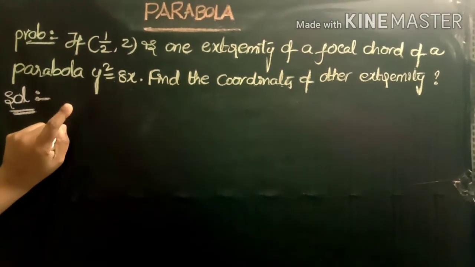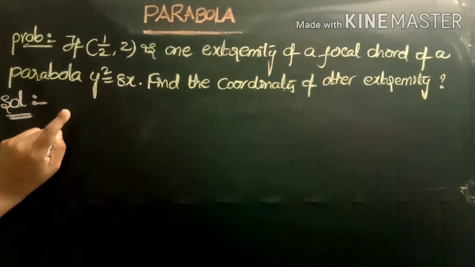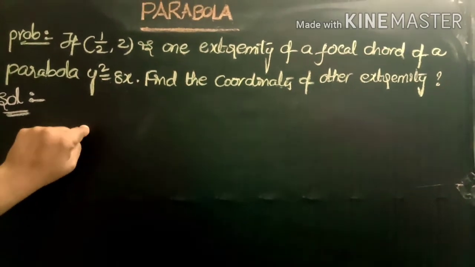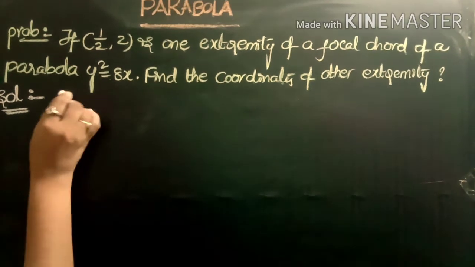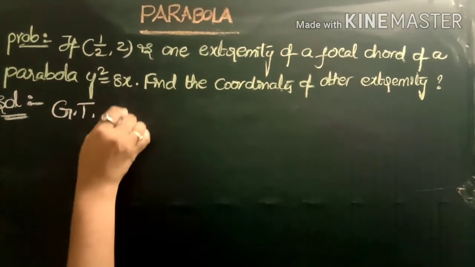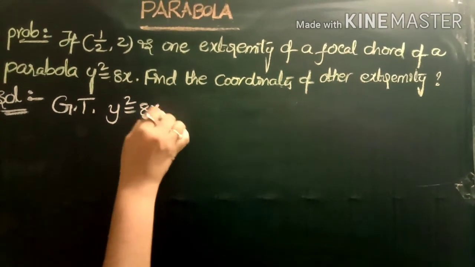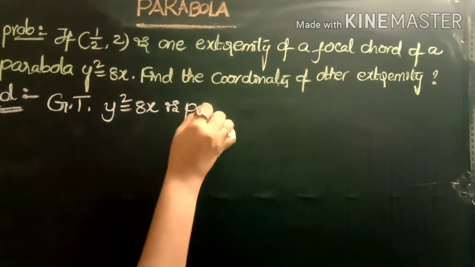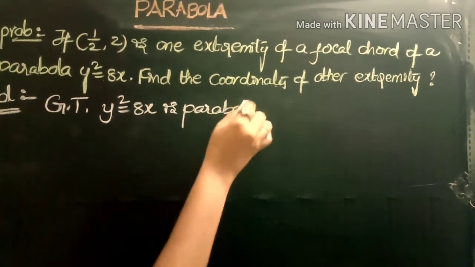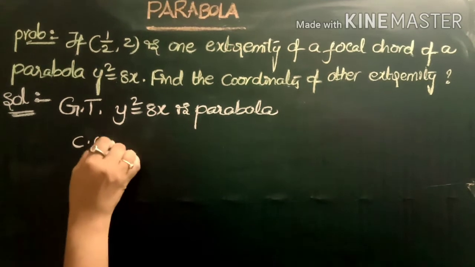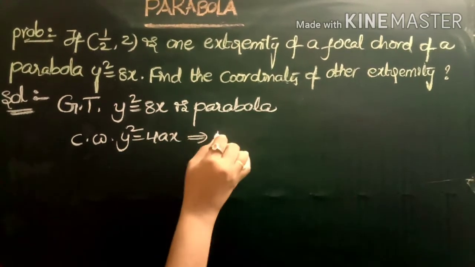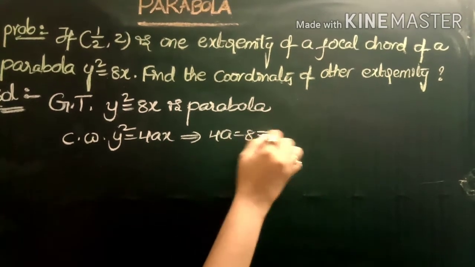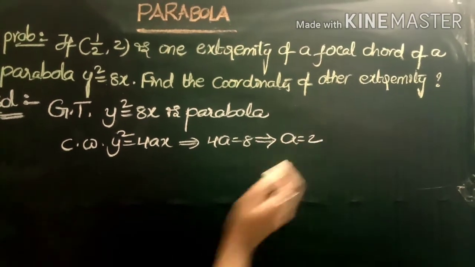If (1/2, 2) is one extremity of a focal chord of the parabola y square is equal to 8x, find the coordinates of the other extremity. Given that we have one parabola, y square is equal to 8x. When we compare this equation with y square is equal to 4ax, we get 4a is equal to 8, then the value of a is equal to 2.